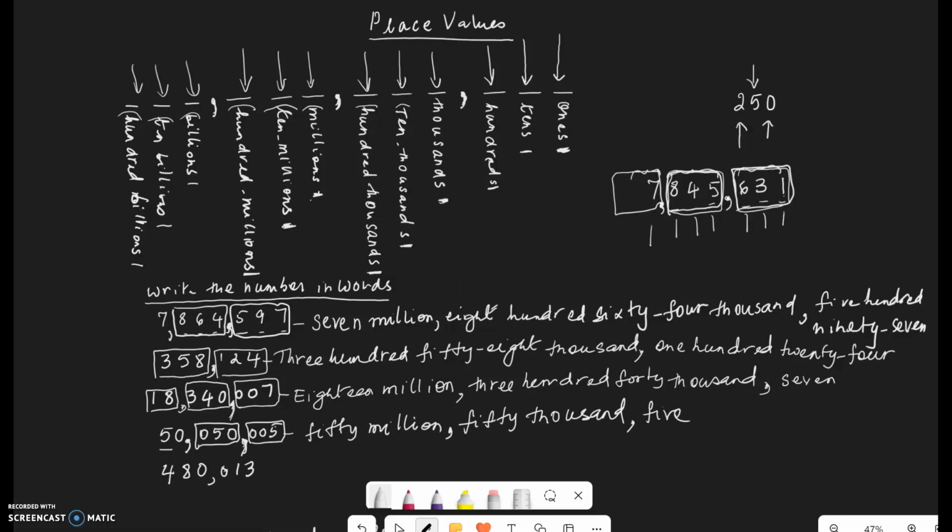So in this one, put your commas. 1, 2, 3, 1, 2, 3. Starting from the right. There's only one comma, which means it's in the thousands. Read this number. It's 480.